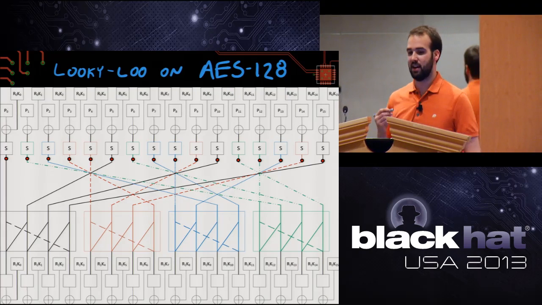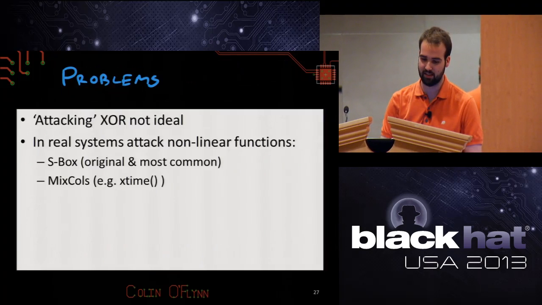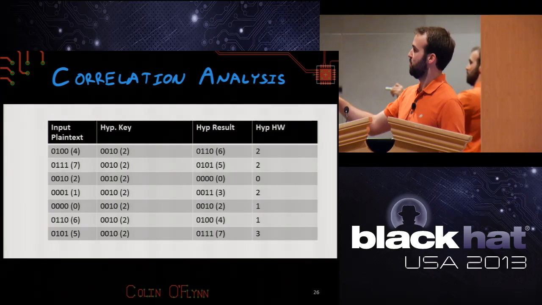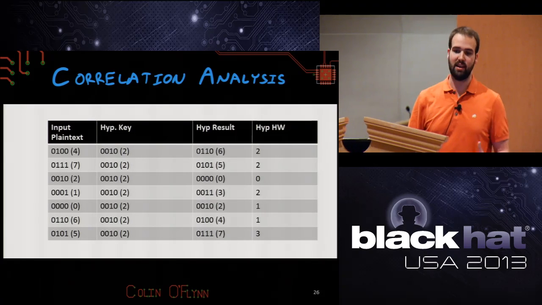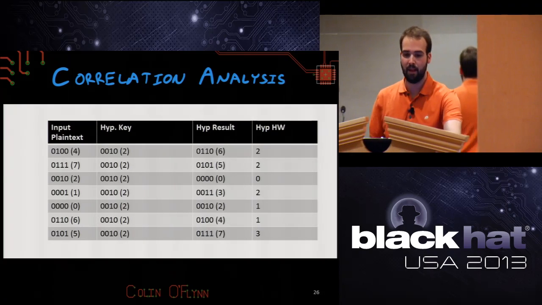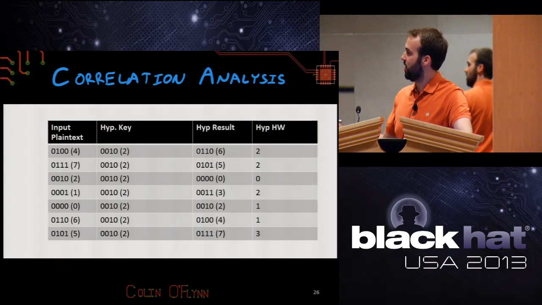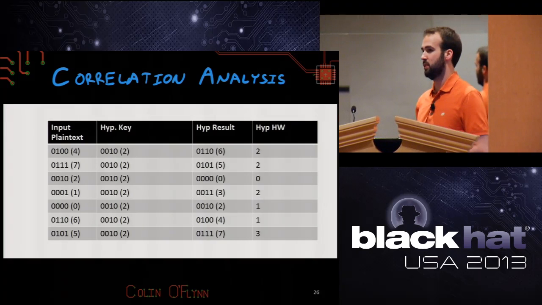And the answer is that you don't care what everything else is, because when you do this correlation analysis, each of these input plaintexts is different to each of the bytes. So when I put the data in, I put in 16 different bytes, just 16 random bytes, basically. When you do the correlation, the only thing that will correlate is the plaintext I know I put in and the actual key the system is using.